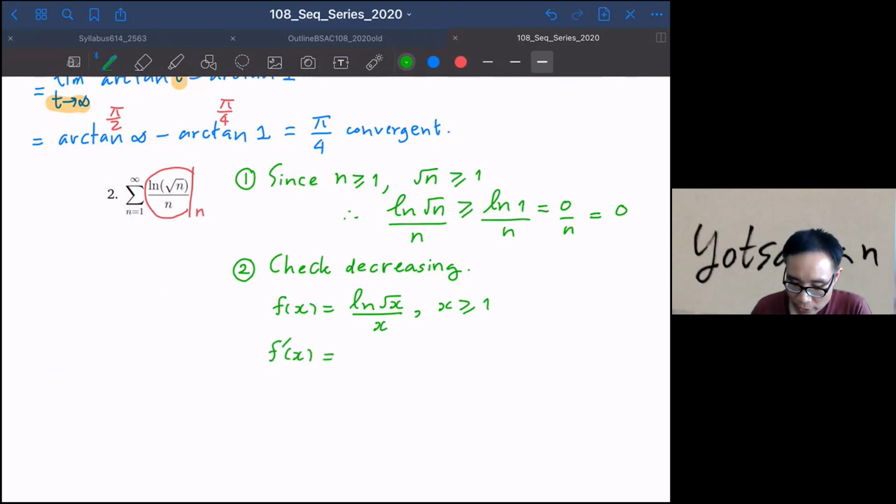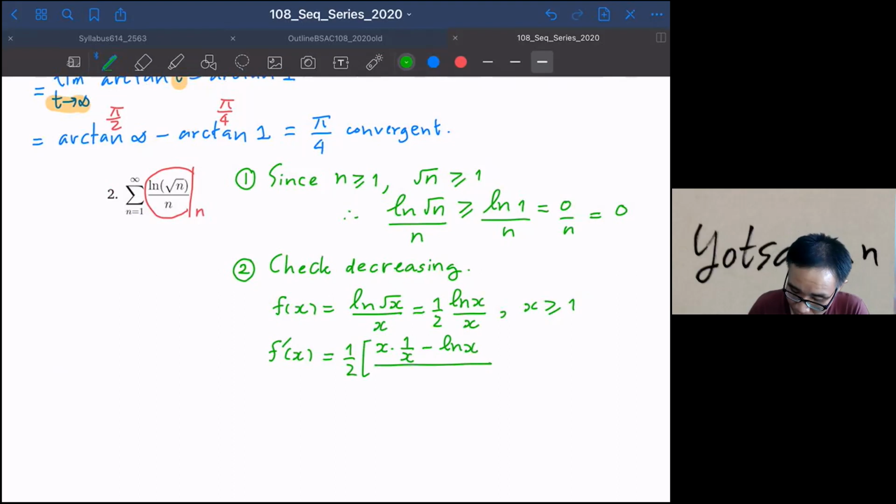Before I differentiate this, let's make our line a little bit easier. You can write this as 1/2 log x over x. So it's 1/2, and you differentiate log x over x using the quotient rule: the bottom times the derivative of the top, minus the top times the derivative of the bottom, over the bottom squared.